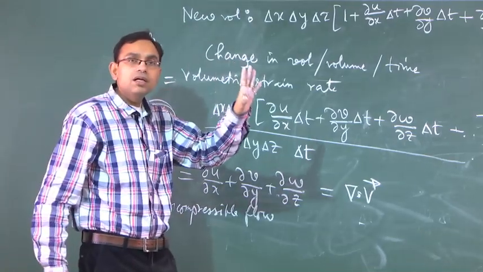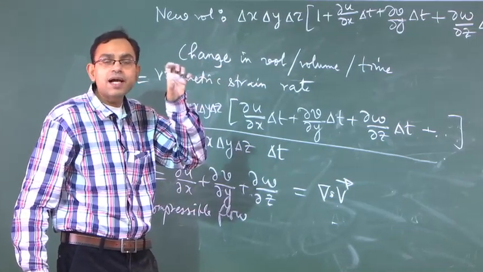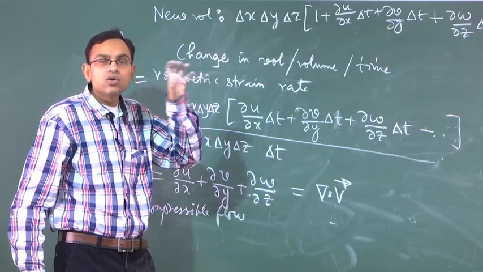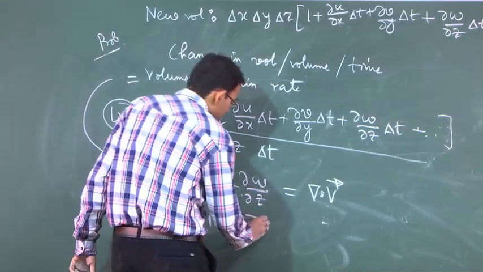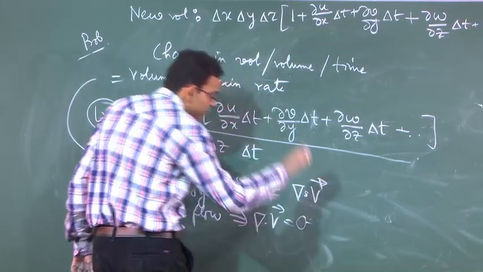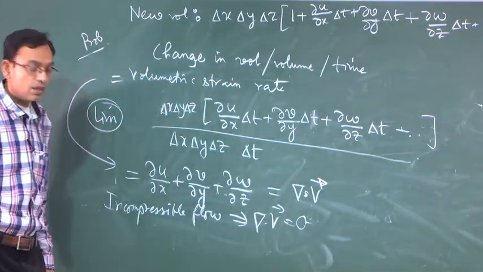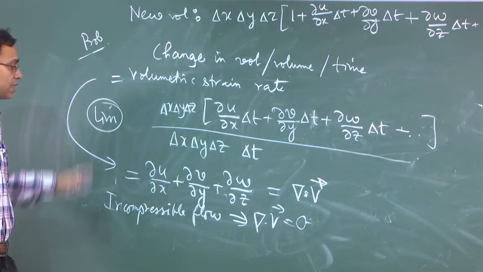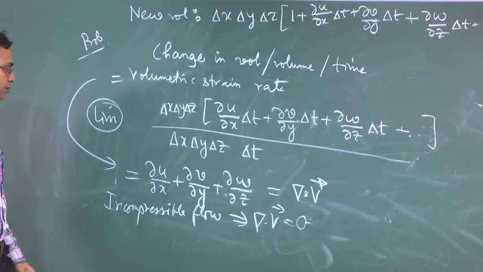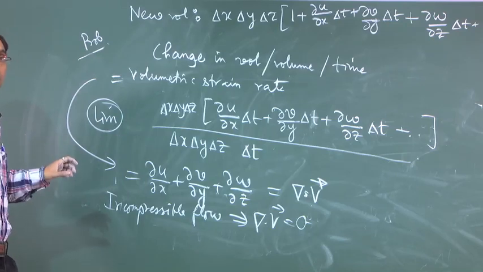Again I am repeating, incompressible flow is a kinematic definition where there is no volumetric strain. So, incompressible flow means the divergence of the velocity must be 0. This is the condition or constraint of incompressibility of flow.